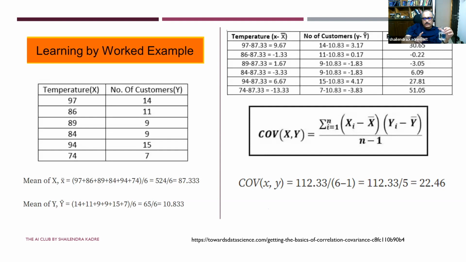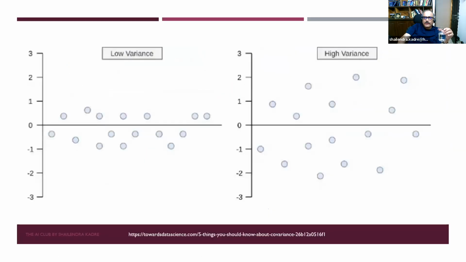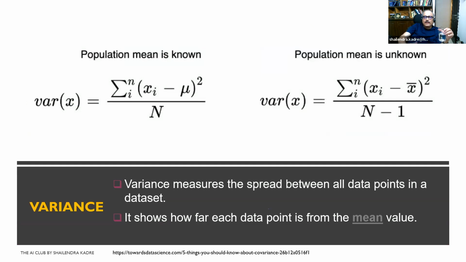Got it? Good that you made a mistake, so now you will never forget. All the things we have learned so far, variance, covariance, standard deviation, are all dependent on scale. You see the formula, na? See the variance formula here. X minus mean.